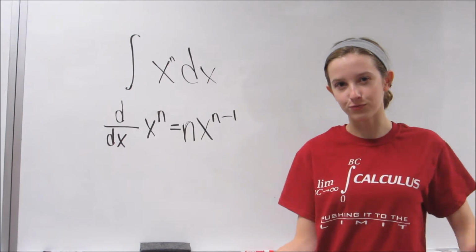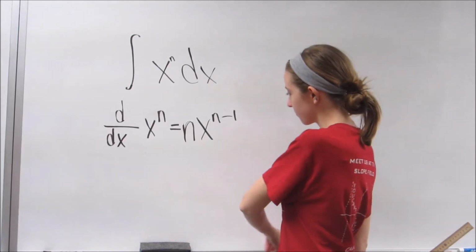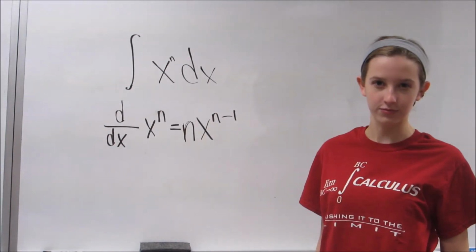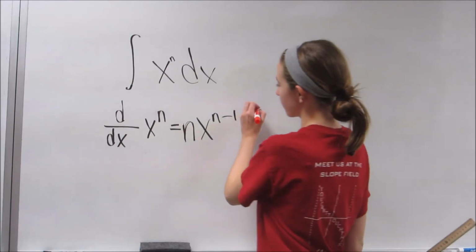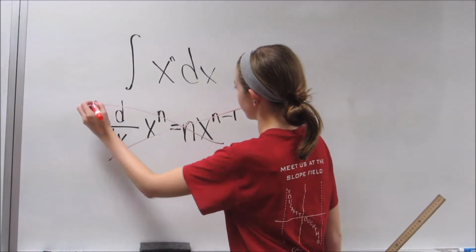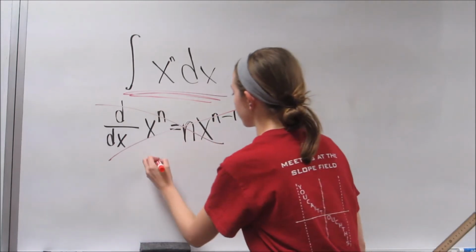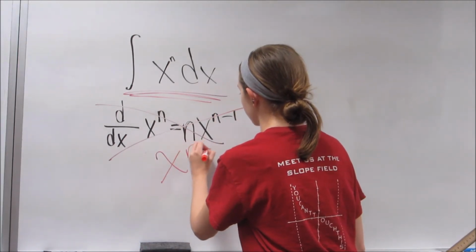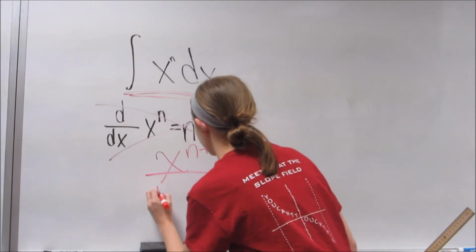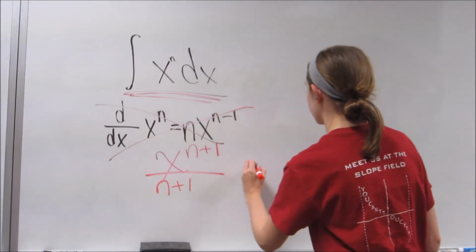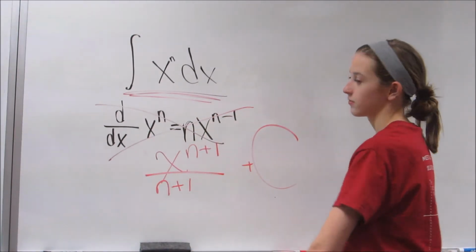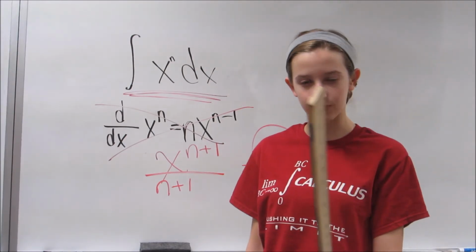Let's get down to business to study for the AP exam. Took the derivative when they asked for the integral. Gotta add to the exponent and then divide. Students, I'll get a 5 out of you.